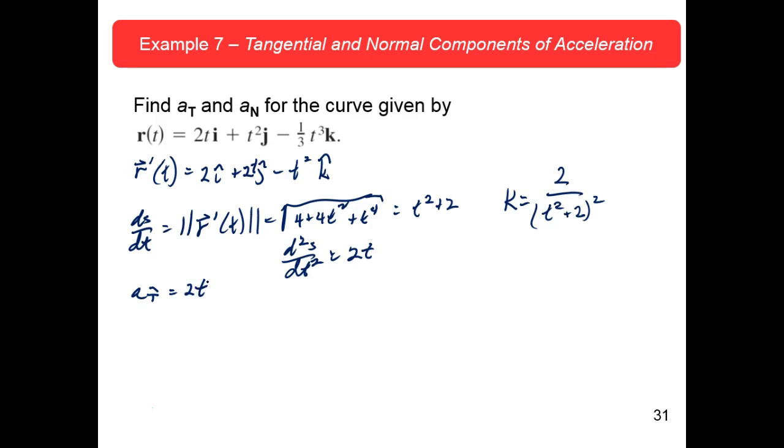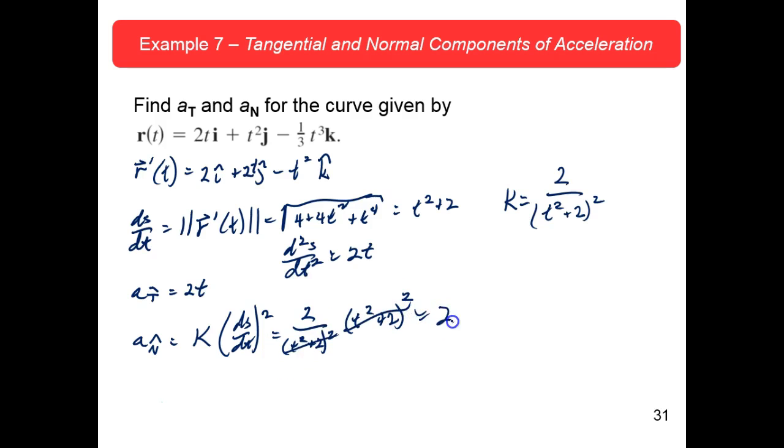Now, did they give us? No, just, okay. Now, your a sub n is going to be kappa, or k, times ds dt squared. And your k is 2 over t squared plus 2 squared times your ds dt squared, which is t squared plus 2 squared, and that's equal to 2.